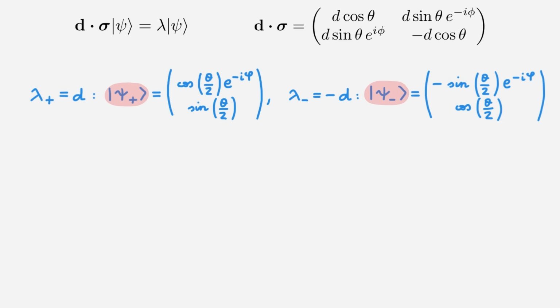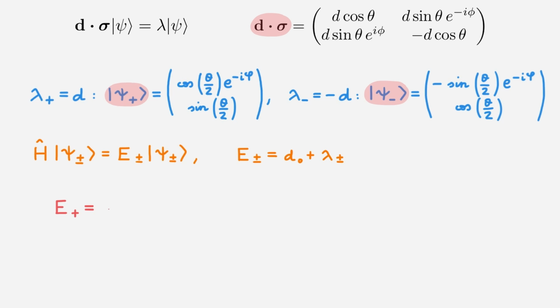This and this are the two eigenstates of this operator d dot sigma. But remember that the Hamiltonian operator obeys a very similar eigenvalue equation where the eigenstates are the same as those of the d dot sigma operator, and the eigenvalues are simply related to those of the d dot sigma operator by this expression. And so this means that we can immediately conclude that for the energy eigenvalue E plus, given by this expression, the corresponding eigenstate can be written like this.